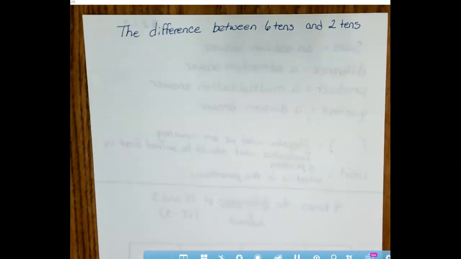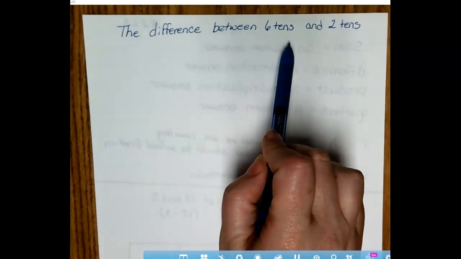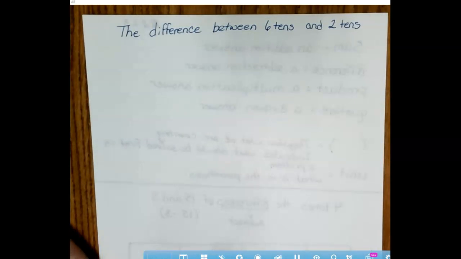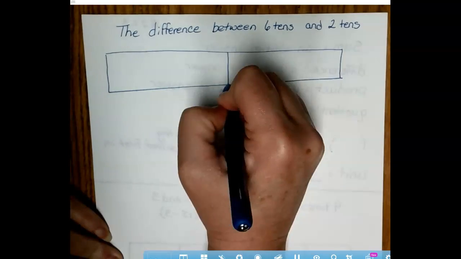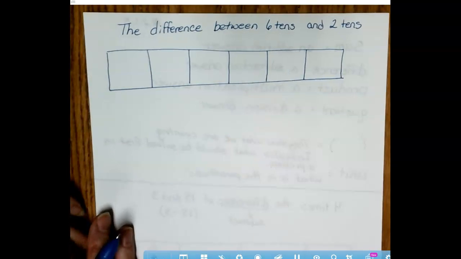Now let's try another one that's a little different. We want to find out the difference between 6 tens and 2 tens. I'm going to start out drawing my model. You do as well. So looking at my problem here, I want to know the answer to subtracting 2 tens from 6 tens.